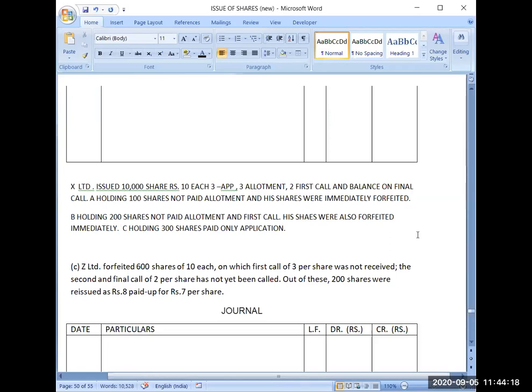C holding 300 shares, paid only application. His shares were forfeited.